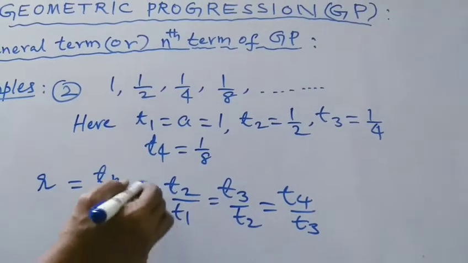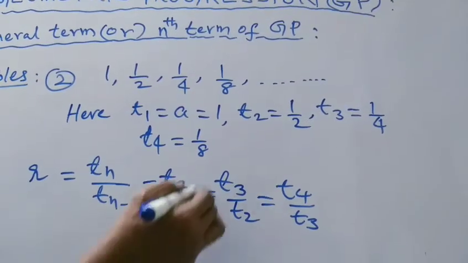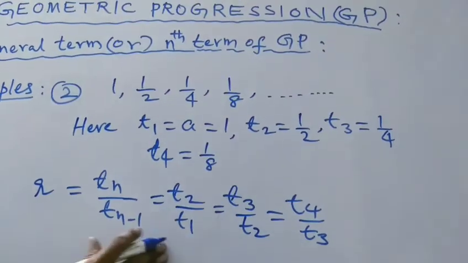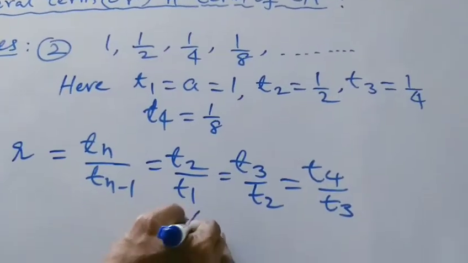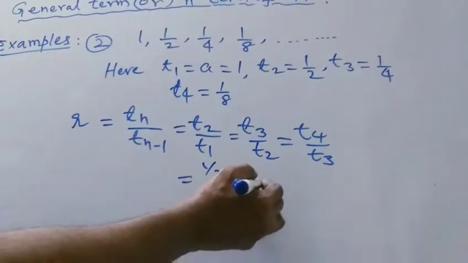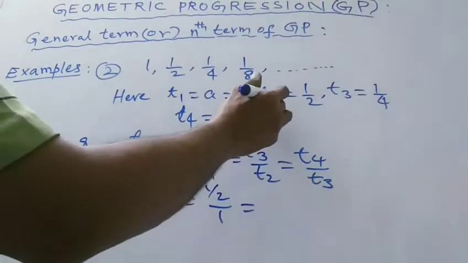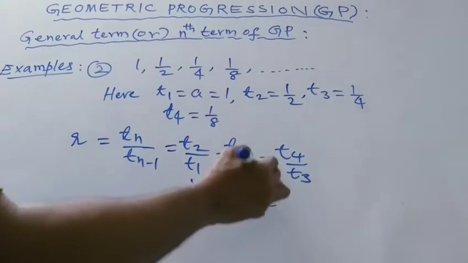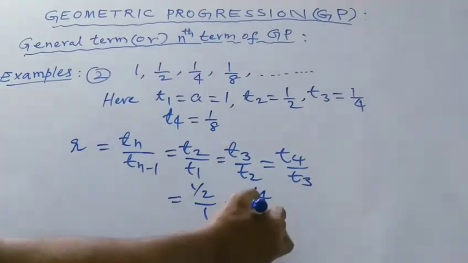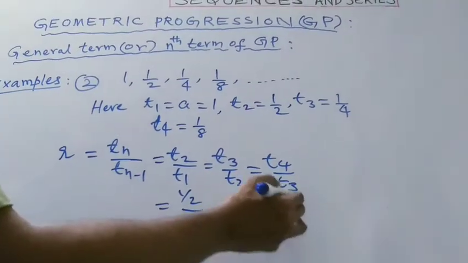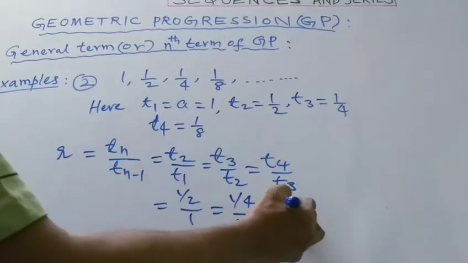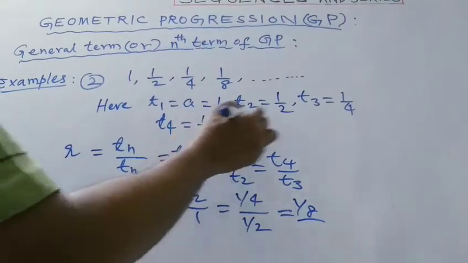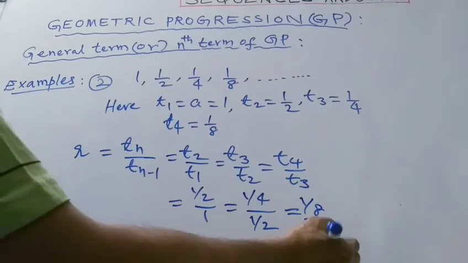Now we are substituting the values: T2 by T1 is 1 by 2 by 1, T3 by T2 is 1 by 4 by 1 by 2, and T4, the fourth term, is 1 by 8 and the third term is 1 by 4.